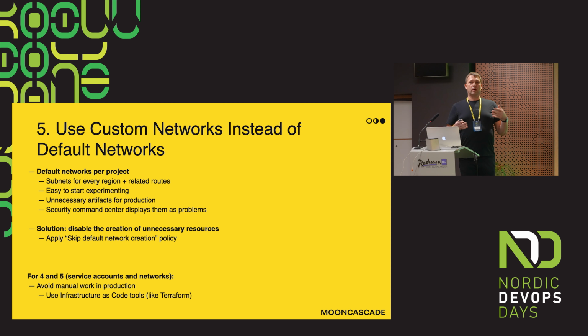This also helps with other matters as well. There is also a separate policy that you can apply when you deploy production projects, which disables the creation of those default networks altogether. And then when you deploy your production systems with infrastructure as code tools like Terraform or others, you can specify there how those networks would be created or configured.